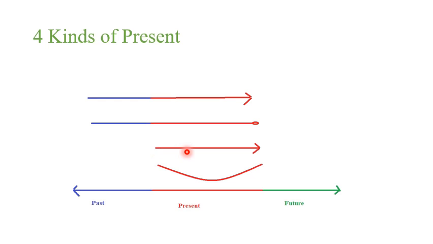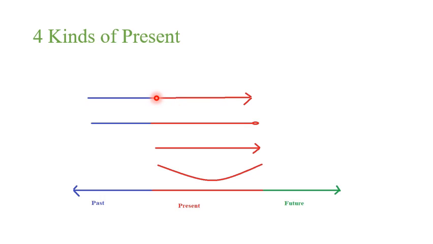Then the second kind of present was that in the present time an action continues, it has not yet come to an end. The third kind of present is the action started in the past, as this blue part suggests, and then moves into present, and as we are talking about it here, it has just come to an end.